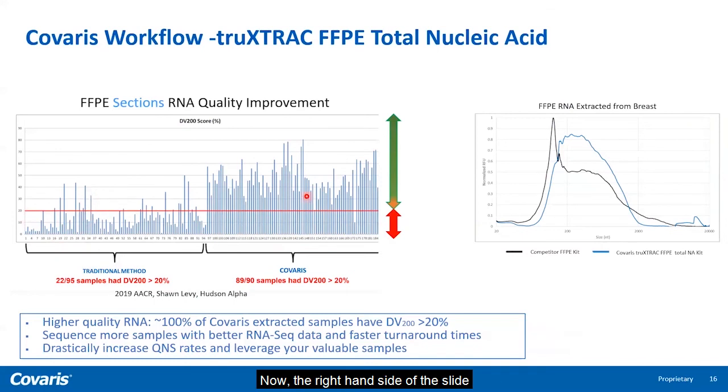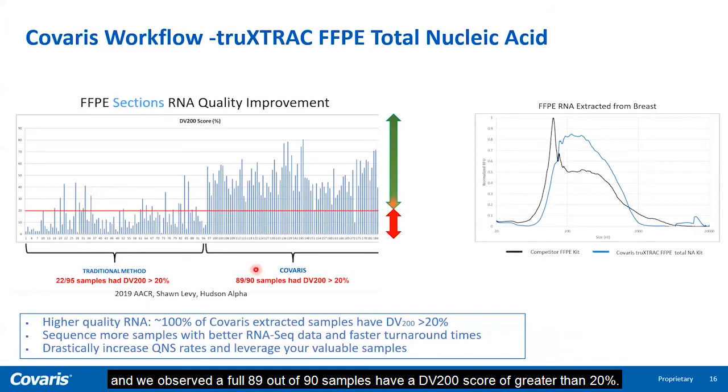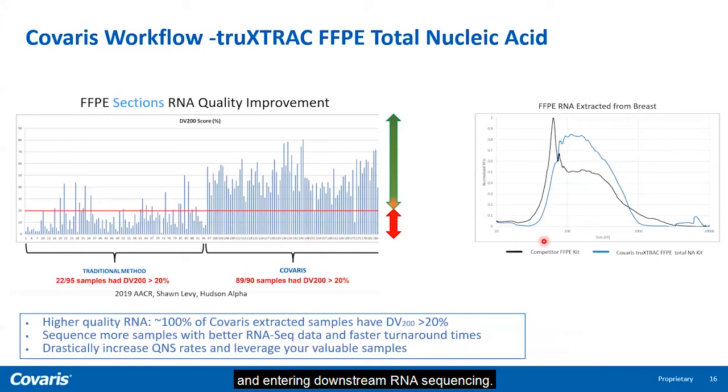Now, the right-hand side of the slide shows similar paired tissues that went through Covaris method, and we observed a full 89 out of 90 samples have a DV200 score of greater than 20%. So this is now very enabling to have majority of these samples passing a key QC metric and entering downstream RNA sequencing. The higher DV200 meant longer RNA, and it translated into better sequencing results.